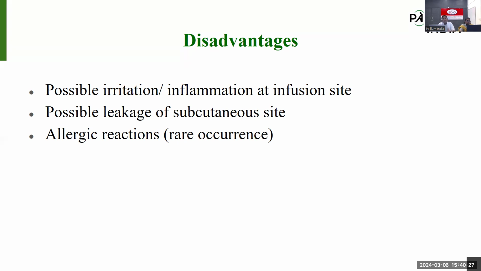We already discussed the principle of action is diffusion, so it will take some time. If we are introducing more than 20 drops per minute, it may cause edema and leakage from that subcutaneous site. Then allergic reaction. It is very rare in subcutaneous infusion, but we are rarely expecting some allergic reactions.